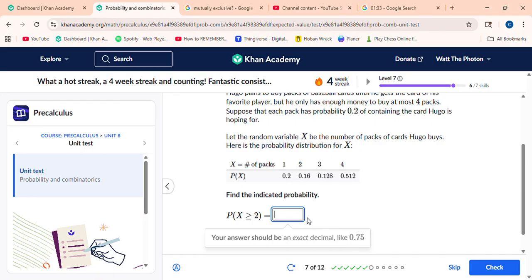So we have 1 minus 0.02 minus 0.016, 0.64. Greater than or equal to. It's 0.08.